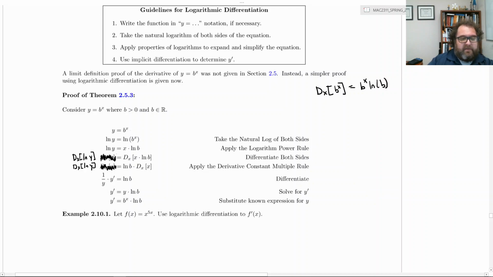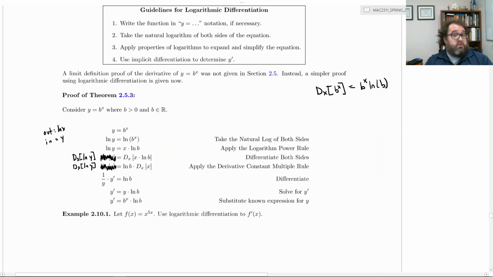Now, I fixed it, and the derivative was correct. What is the derivative of natural log y with respect to x? Okay, let's think about this. We have an outside function and an inside function. The outside function is natural log x. The inside function is y.